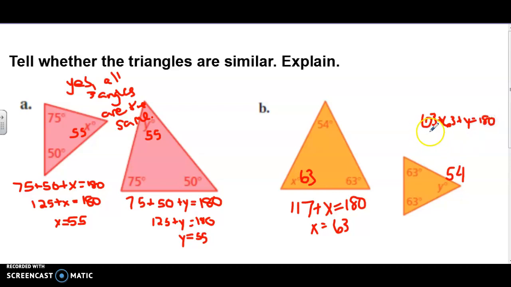So 126 plus y equals 180, and if I subtract 126 from both sides, I get 54. So yes, all three angles are the same. For both these triangles, they're similar because all three angles are exactly the same.